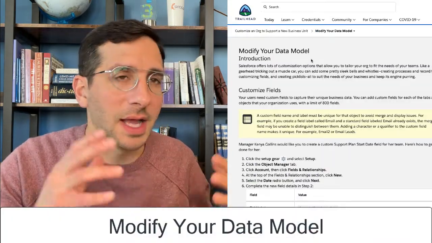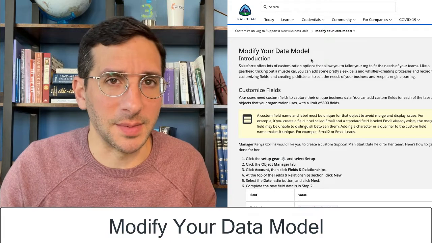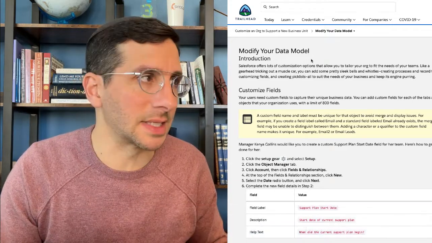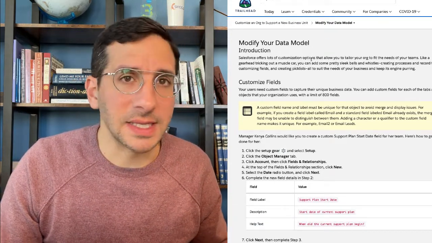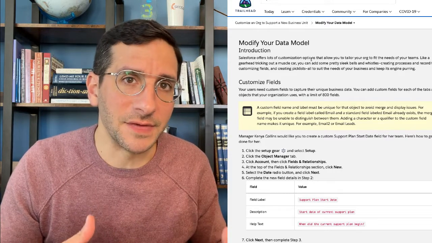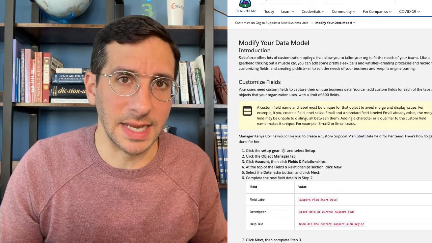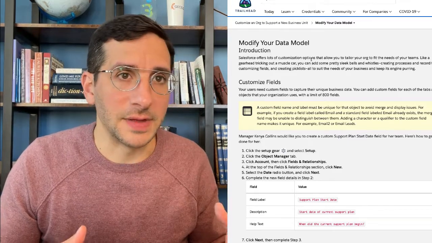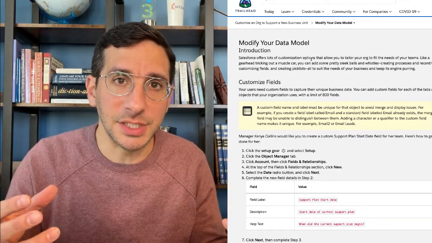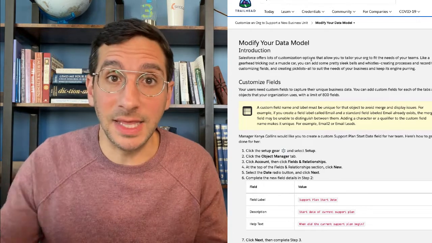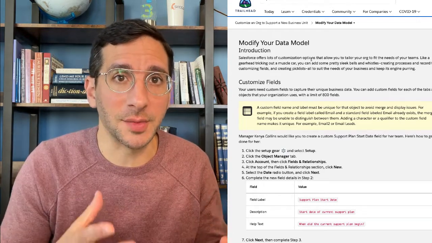Modify your data model. I wish it was called something other than a data model because that concept makes so little sense. But basically, if you've gotten this far, you've maybe started to get a feel of how powerful Salesforce is and an object-oriented database is. The real power of it is that you're able to create relationships between anything that you need to get your business done.